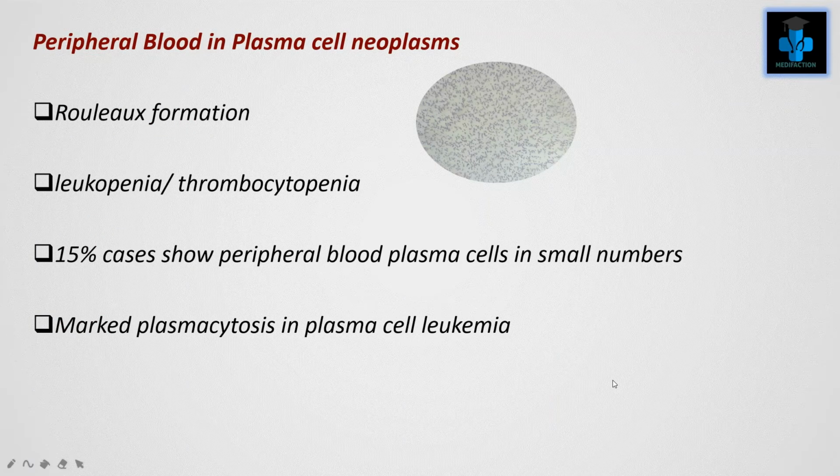Peripheral blood in plasma cell neoplasms. As I told earlier, there will be Rouleaux formation, there will be leukopenia or thrombocytopenia. Also, 15% of cases show peripheral blood plasma cells in small numbers and also marked plasmacytosis in plasma cell leukemia.